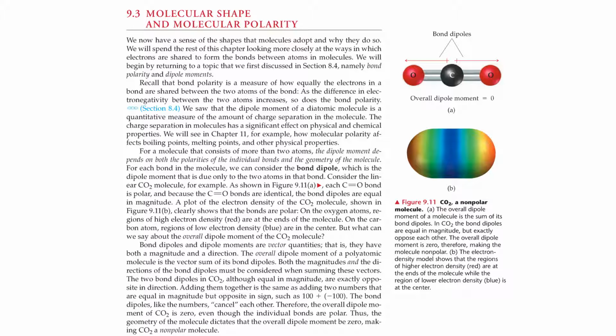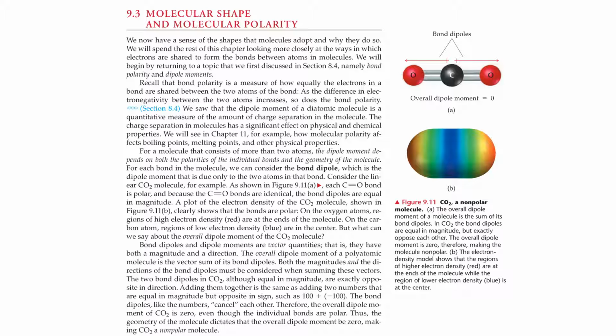Adding them together is the same as adding two numbers that are equal in magnitude but opposite in sign, such as 100 and negative 100. The bond dipoles, like the numbers, cancel each other. Therefore, the overall dipole moment of carbon dioxide is zero, even though the individual bonds are polar. Thus, the geometry of the molecule dictates that the overall dipole moment is zero, making carbon dioxide a nonpolar molecule.